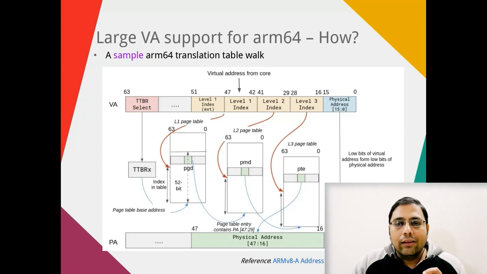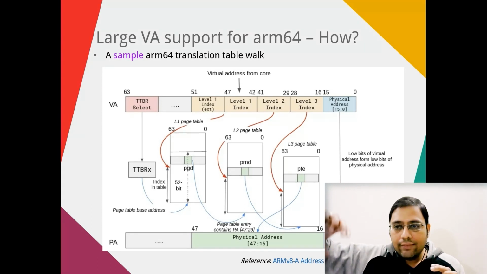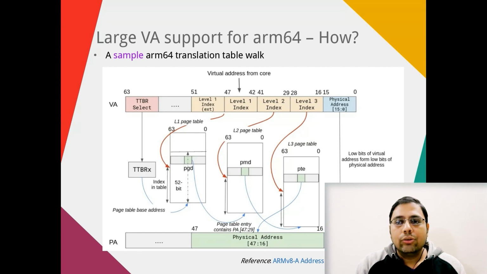So finally, the derived PTE value and the lowermost 16 bits of the incoming virtual address would be combined to determine the final physical address value. I hope this example makes things a bit clearer. Again, feel free to refer to the ARMv8 address translation documentation from ARM for more details. I have added the link for that in the slide.